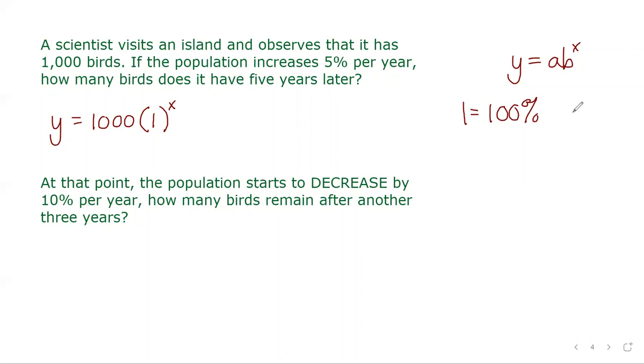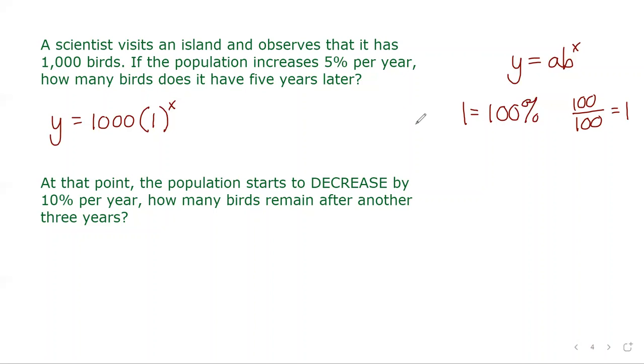Just in case this isn't review, or maybe it is anyway, percent literally means divided by 100. That root word cent, like century, centennial, centipede, that means 100. Percent means divided by 100. So 100% is 100 divided by 100. That's why 100% is 1. So everything starts at 100%.